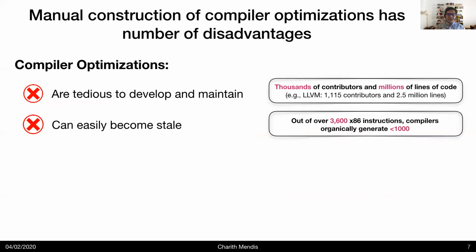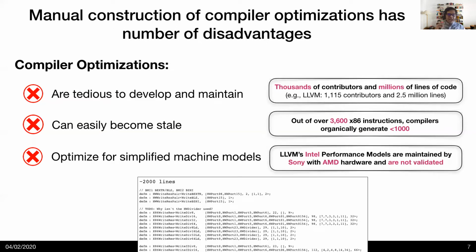And as you already saw in the solver example case, manually writing compile optimization passes can easily lead to stale optimizations. And updating them can be labor intensive. Also, they are susceptible to modeling errors in handwritten performance models, as you saw in the simulation example case. In fact, LLVM's Intel performance model is actually maintained by Sony with mainly access to AMD hardware and is not properly validated.